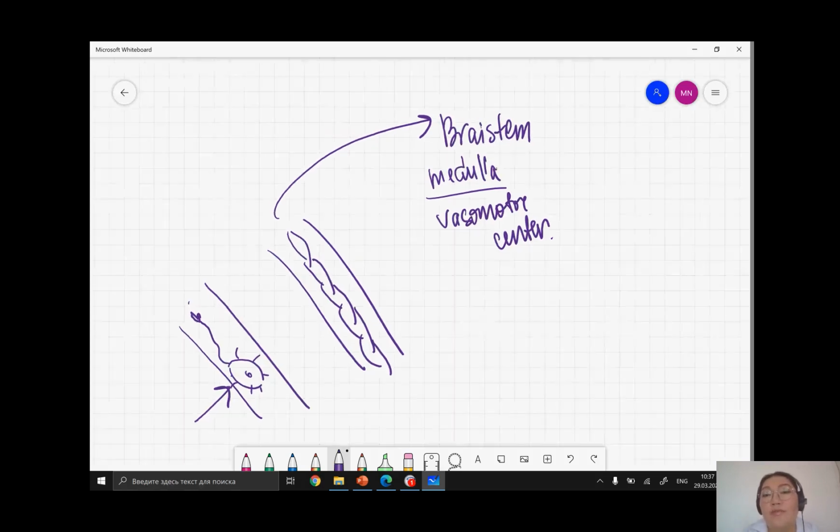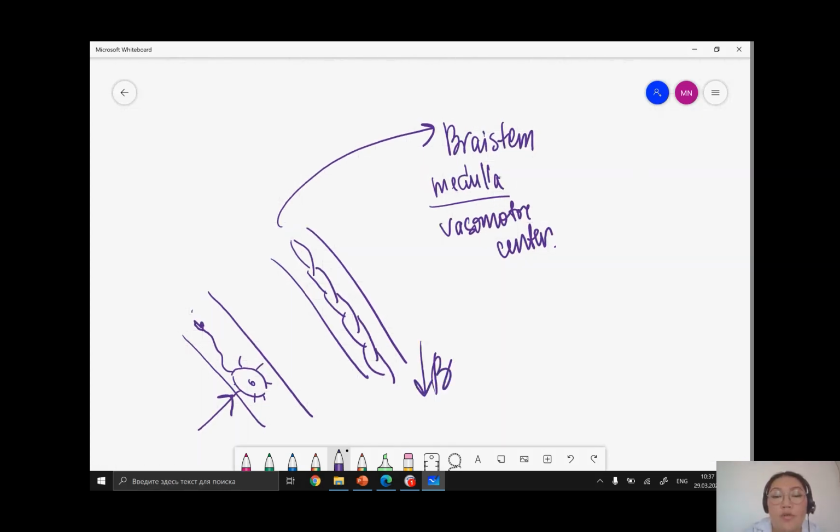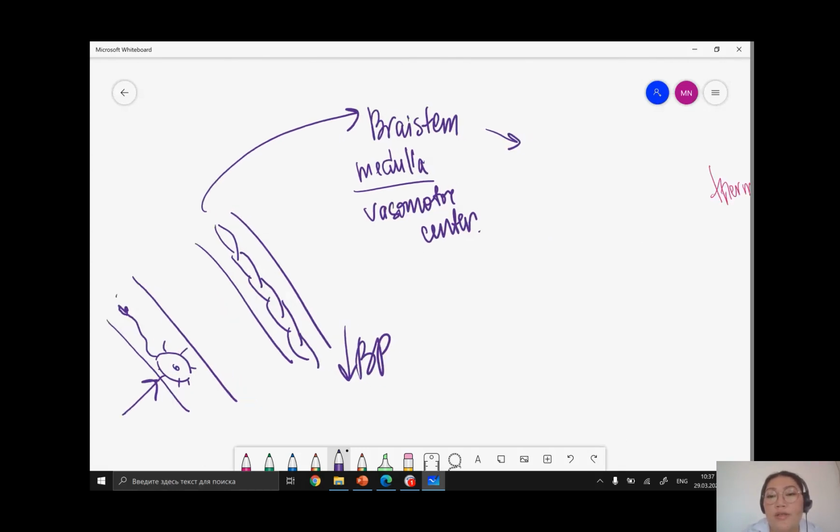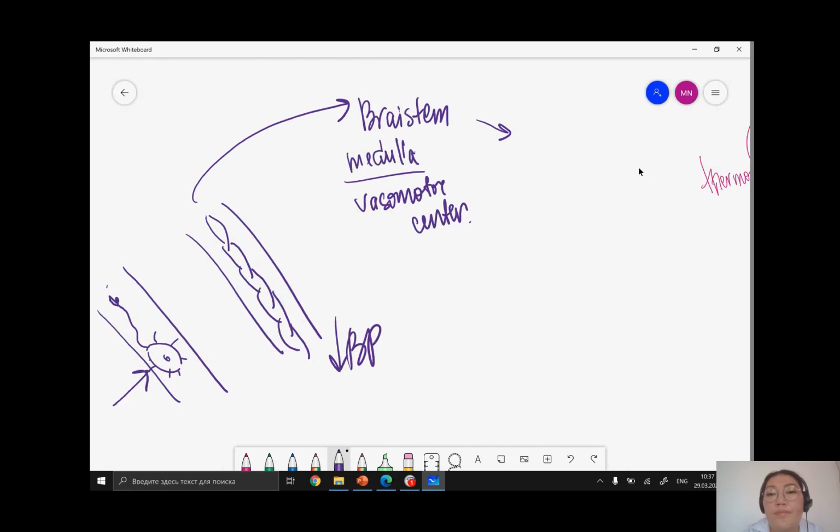If there is a drop of blood pressure, it will increase the total peripheral resistance, and then it will increase the blood pressure. That's one mechanism of it.